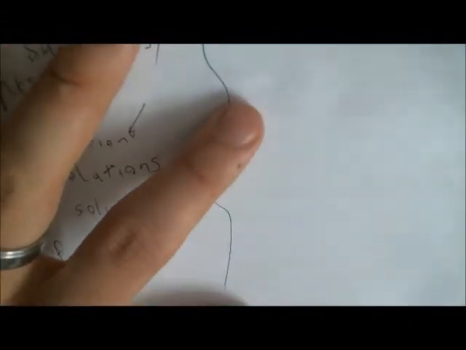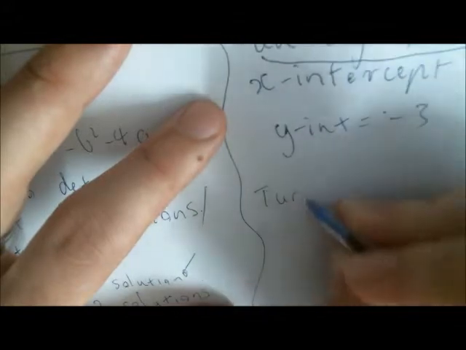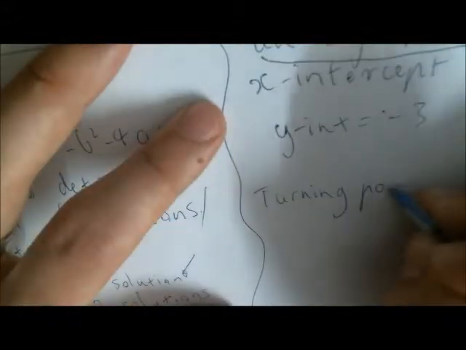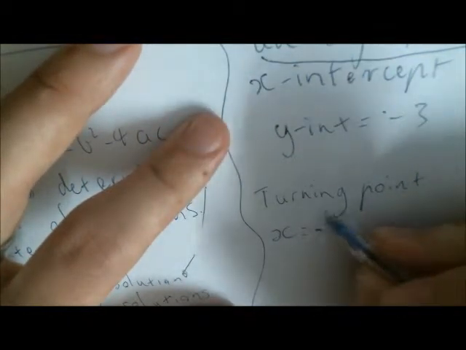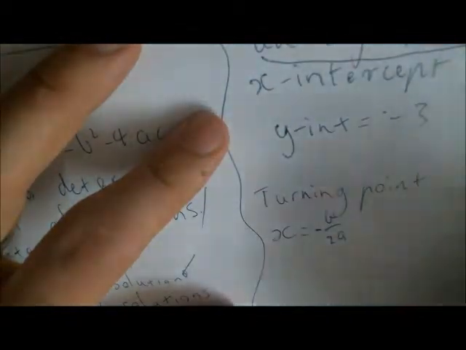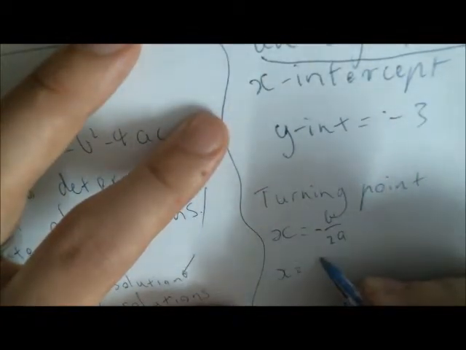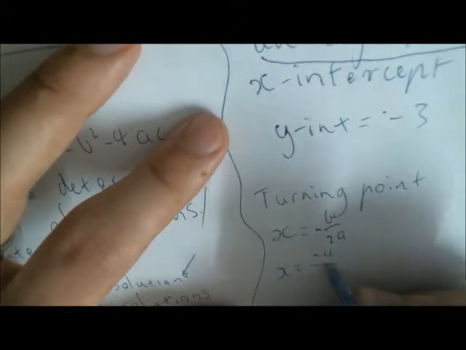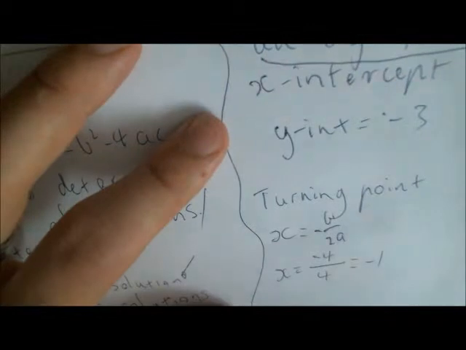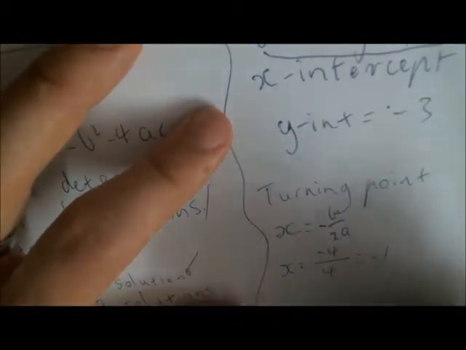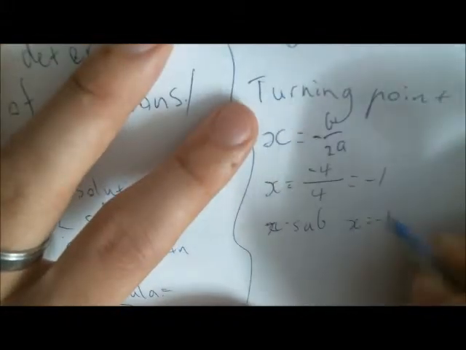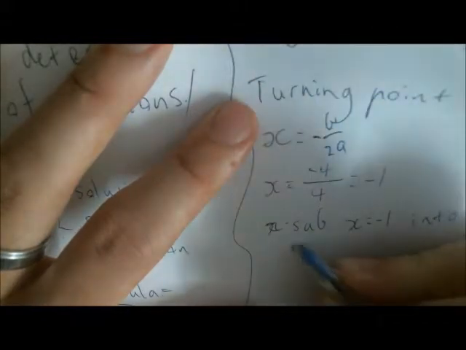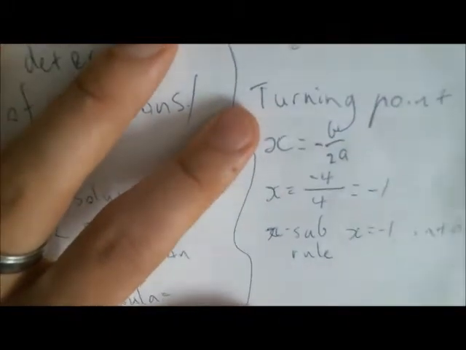The turning point of this: to calculate the turning point, we'll be using the x value of negative b over 2a. Now if I substitute that in, negative b is -4 over 4, which is equal to -1. So if I substitute x equals -1 into the rule, this will give me my turning point value, my corresponding y value.